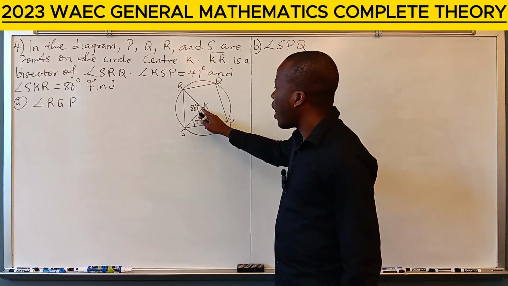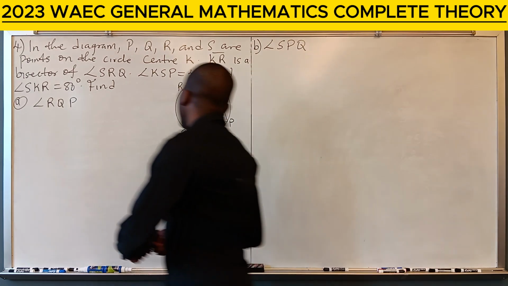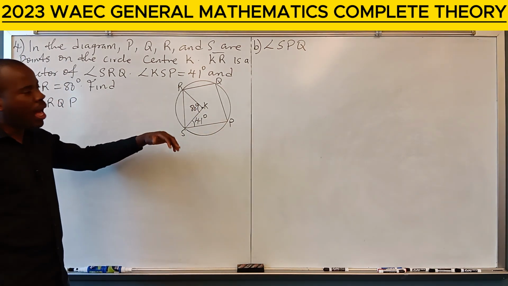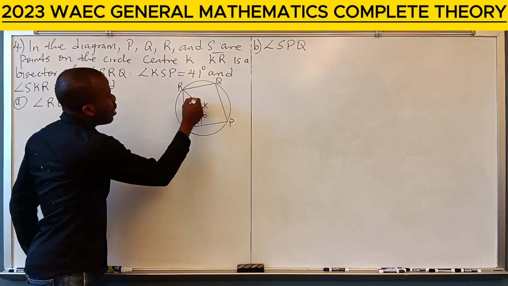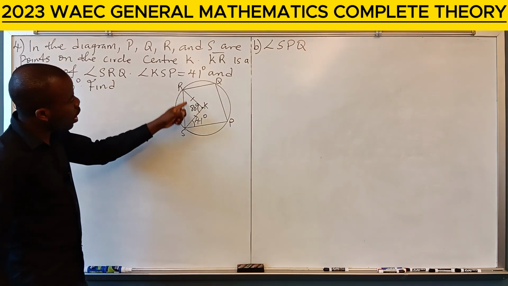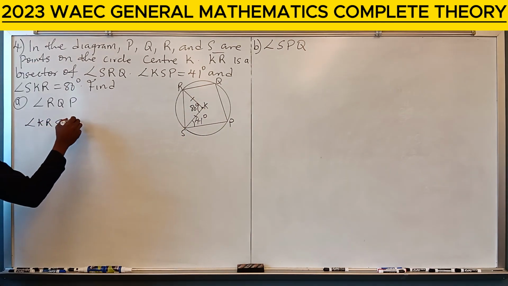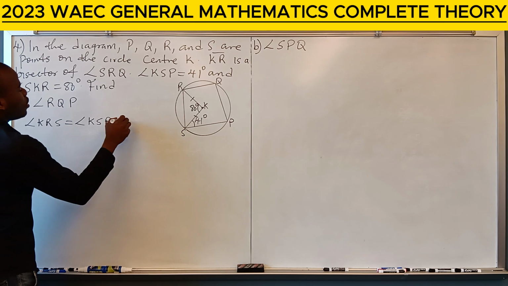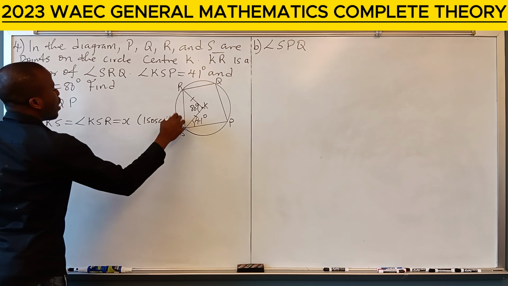So KR bisects this angle. Very important. So the first thing we like to do is we start from the angles we know and we move to the unknown angles. Since these are radii, it means these two angles are equal. Angle KRS is equal to angle KSR. Let's call it x. The reason is isosceles triangle.